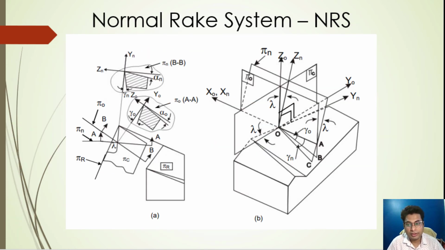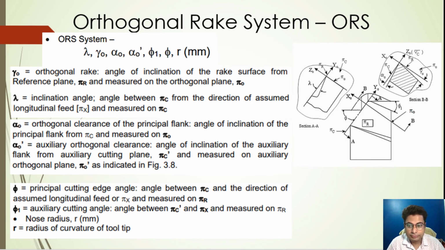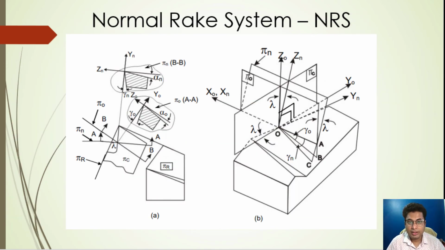Now coming on to normal rake system. The basic difference between orthogonal rake system and normal rake system is the fact that in ORS, rake and clearance angles are visualized in orthogonal plane, whereas in NRS those angles are visualized in another plane called normal plane, that is denoted by pi n.